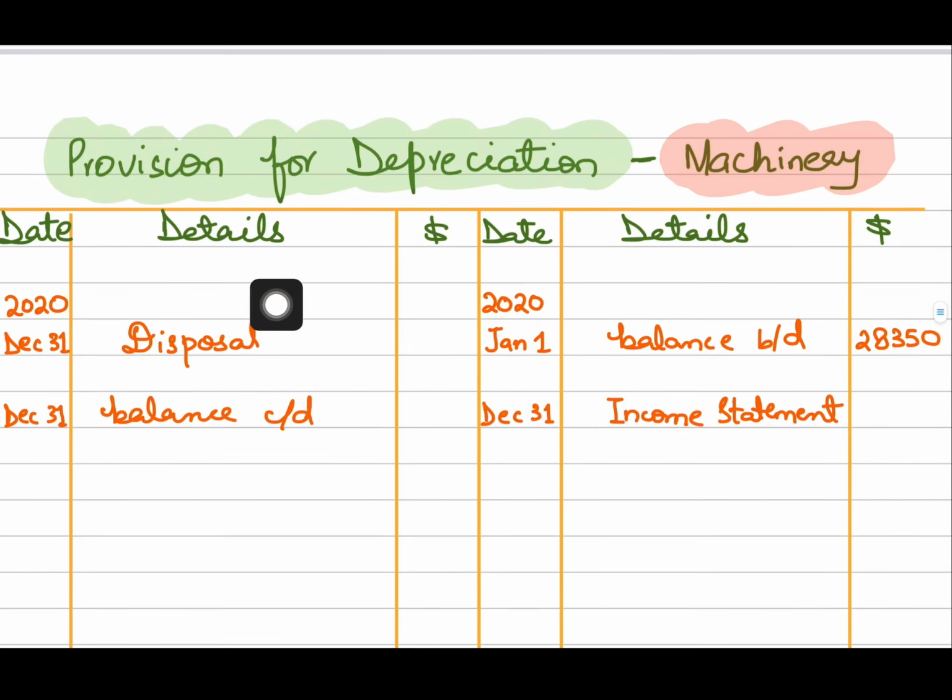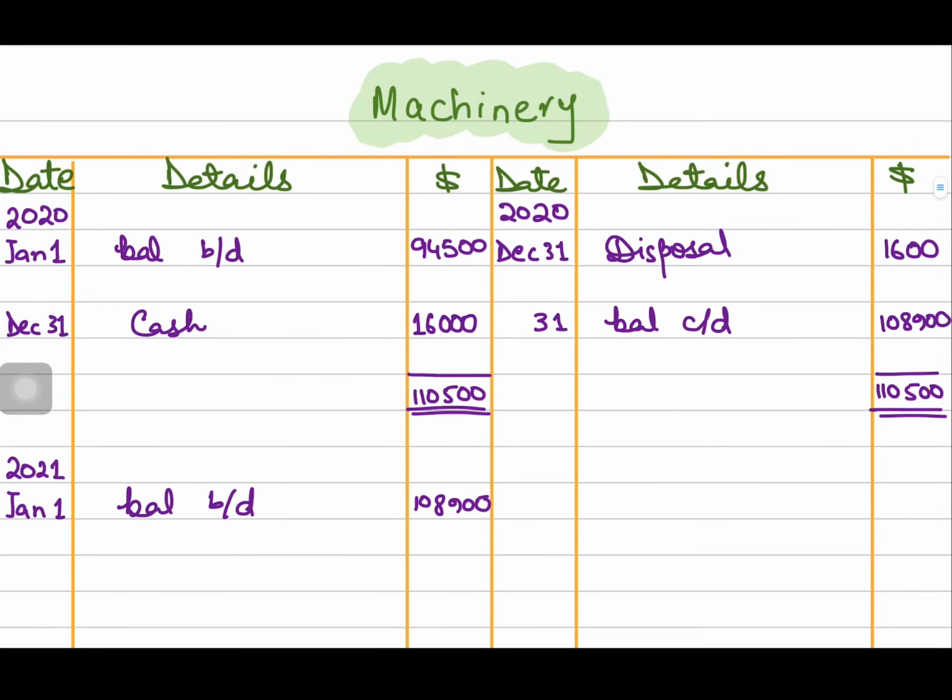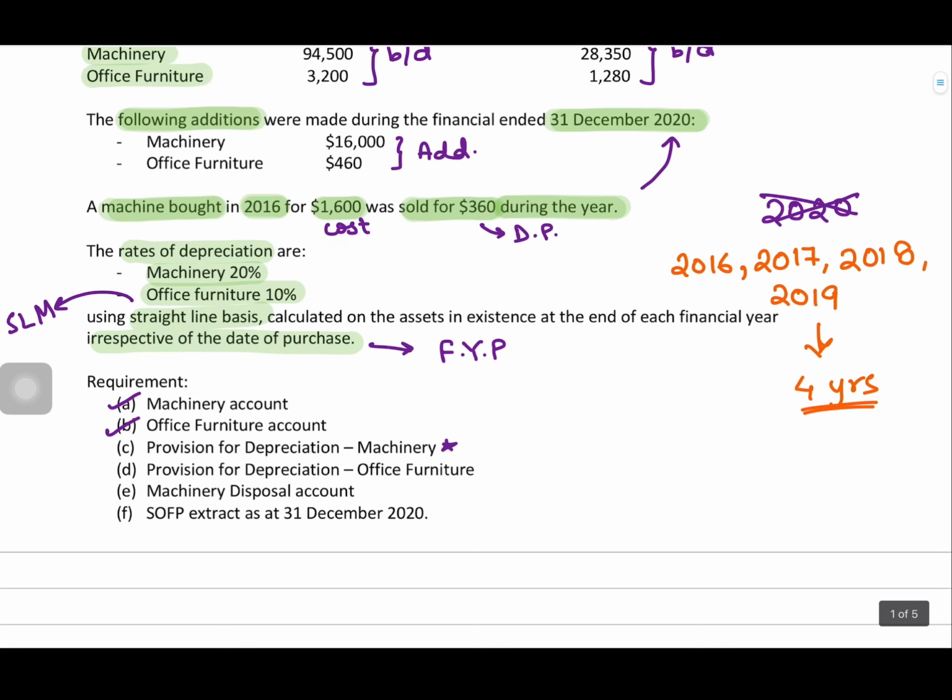Okay, so first things first, let us calculate the accumulated depreciation on the asset which we are disposing of in the current year, right. The cost of this asset was $1,600, and we have concluded that we will be calculating the accumulated depreciation for 4 years on this asset, using the straight line method, 20% depreciation. So, let us do that.